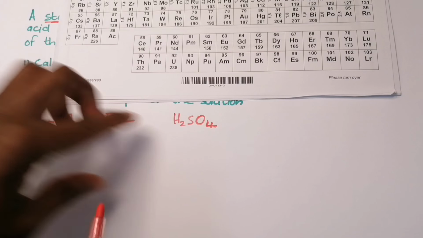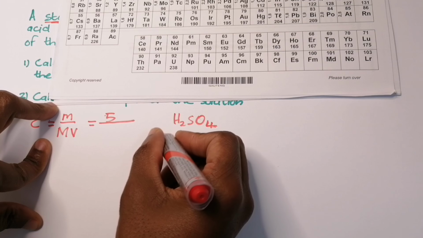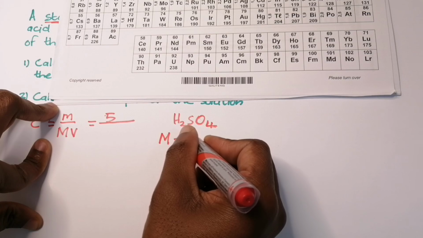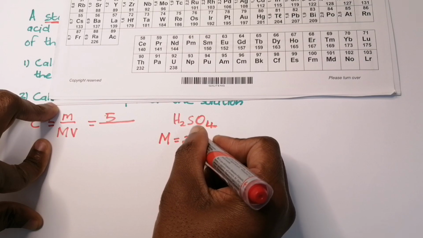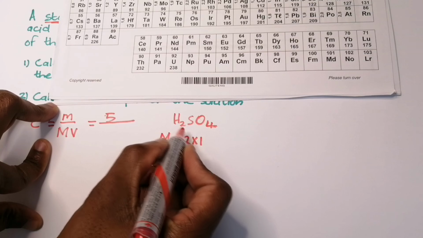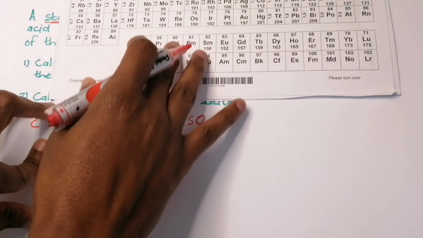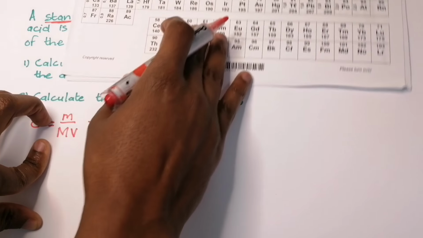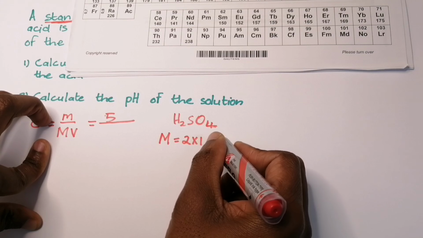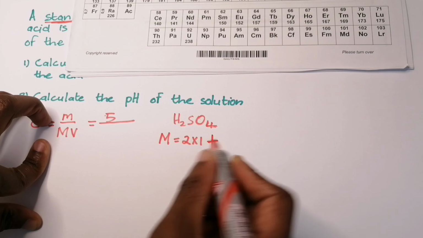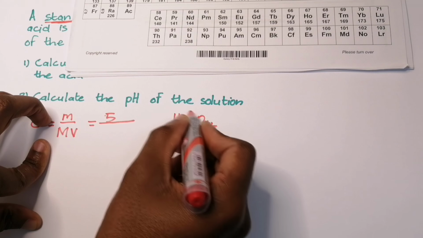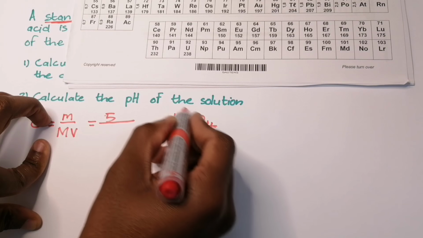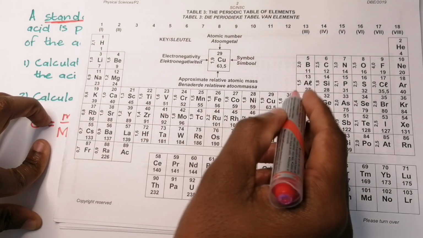So it means when I calculate the molar mass of H2SO4, that molar mass will be 2 hydrogens, so it's 2 multiplied by 1. Why am I multiplying? I'm saying it's 2 hydrogens, and the molar mass of hydrogen is 1. There it is there, right? So that's 2 times 1 plus. Now please remember, you add when you go to a different atom, right? So I'm now adding the molar mass of sulfur.